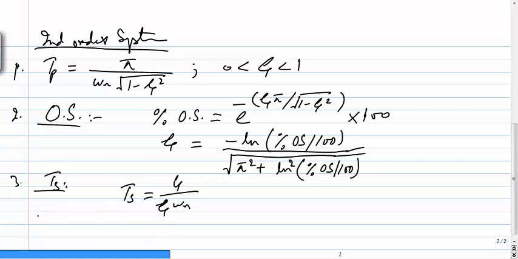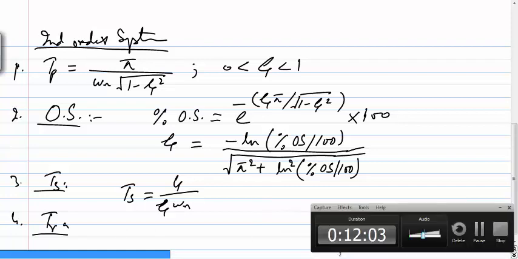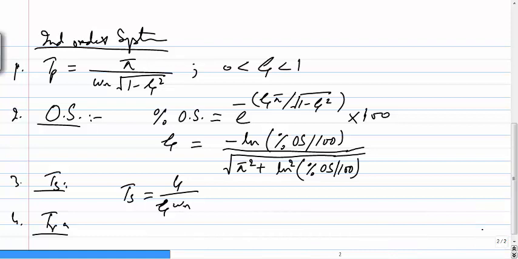Now the fourth one is the rise time. Rise time is not straightforward to calculate in a second order system. Actually, rise time has some extra information: it is from 10% to 90% of its final value.